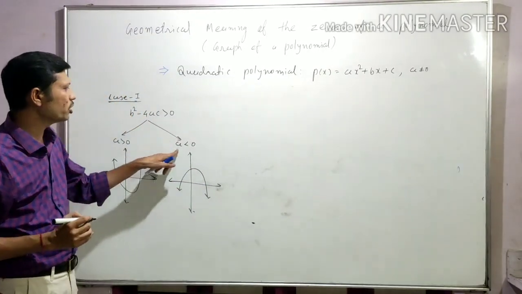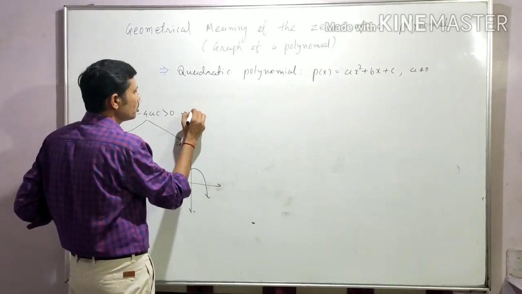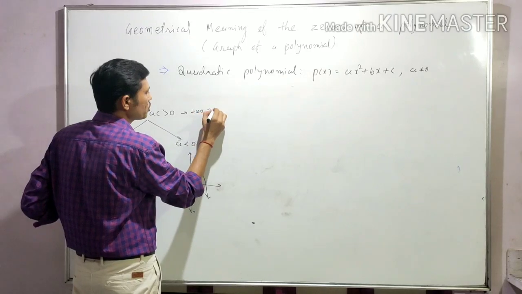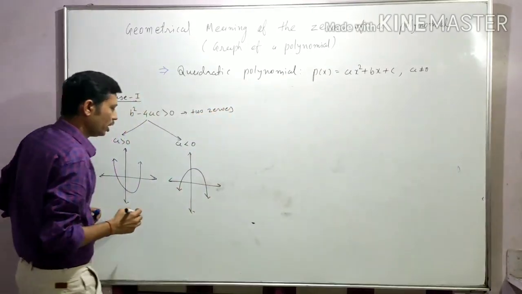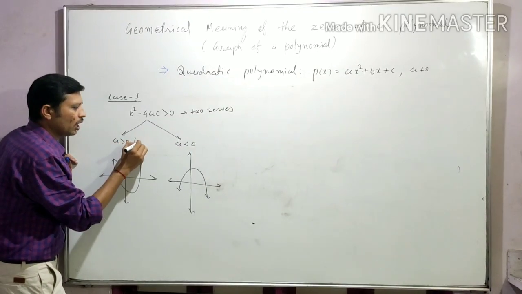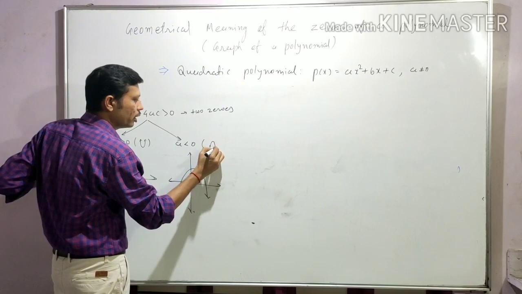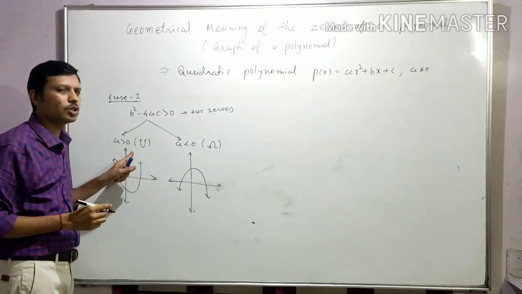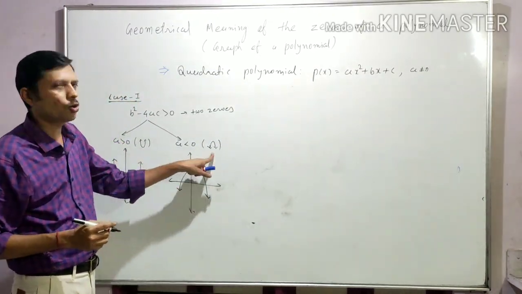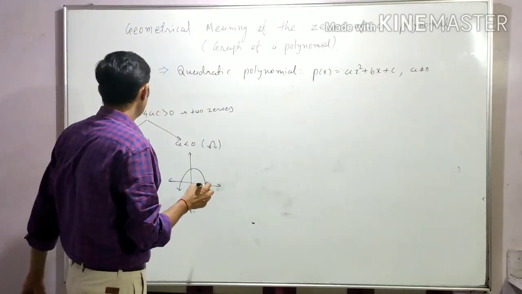So you only need to remember this condition. If b square minus 4ac is greater than 0, how many zeros? Two zeros. And what is the graph? If a is greater than 0, parabola upwards, and if a is less than 0, parabola downwards. That's a universal condition for all the cases.